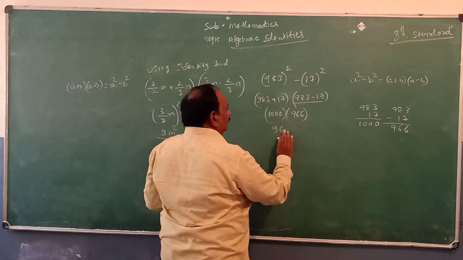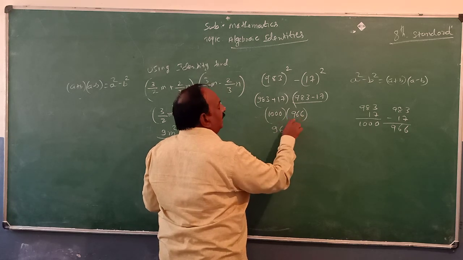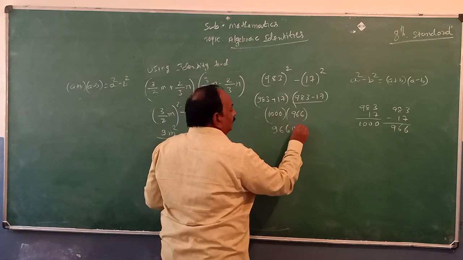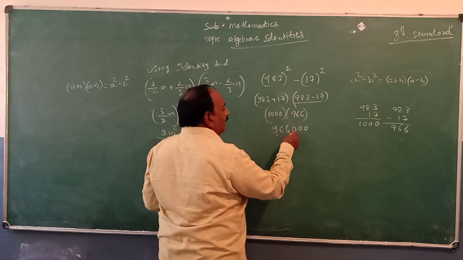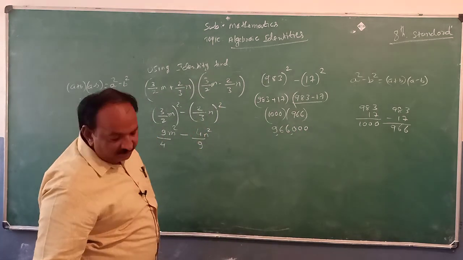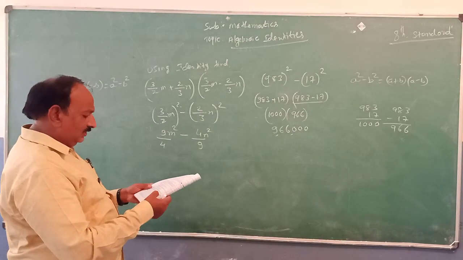966, we will add the three zeros. Unit, tens, hundred, thousand, ten thousand, lakh: 9,66,000.